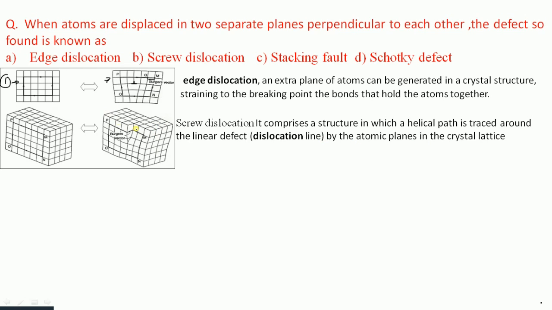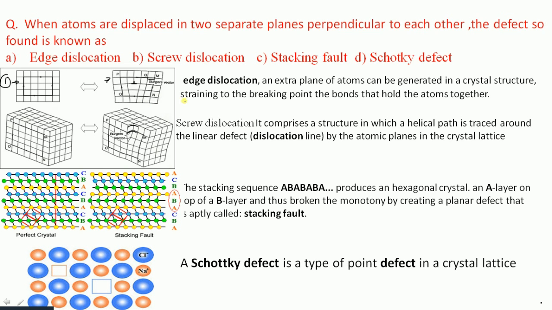So here in screw dislocation, a helical shape curve is formed, whereas in stacking fault, the stacking sequence produces a hexagonal crystalline A layer on a loop of B layer.